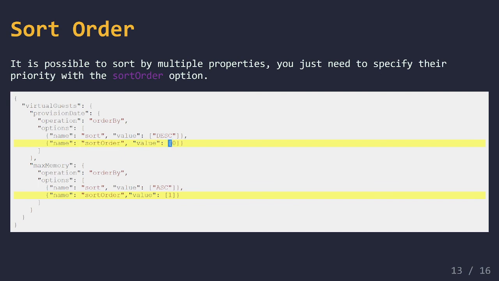Its value is going to be an array. And the number in the array is going to be the priority of the order. So 0 means it's going to be the first column we're going to order by with. So if we have multiple virtual guest provision on the same date, we're going to also sort them then by max memory. So order by ascending, the sort order here is 1. So that's how you would sort by 2 different relational properties at the same time.